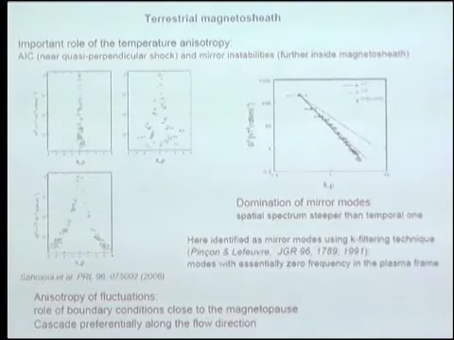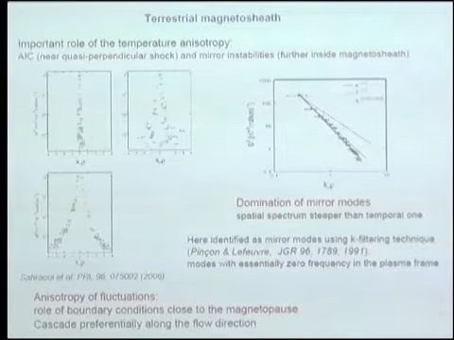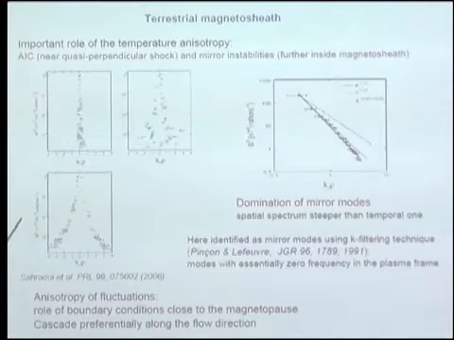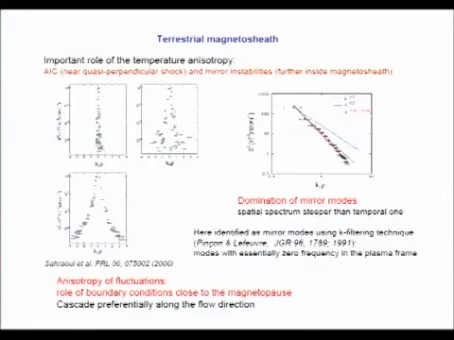You are bounded by the magnetopause. You are also influenced a lot by the flow along the magnetosheath. And actually what happens is that the turbulence develops preferentially along the main velocity component. And in the other directions, it's rather not clear and developed turbulence.